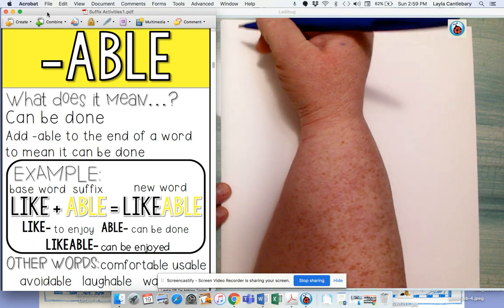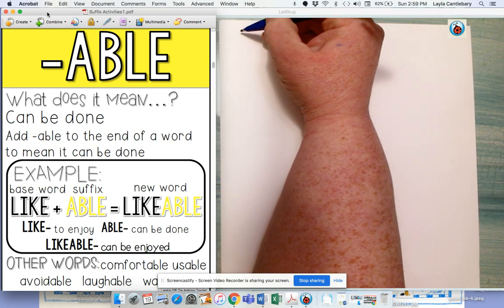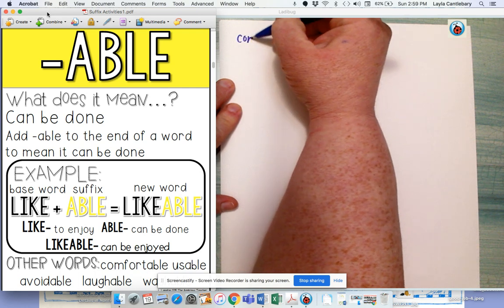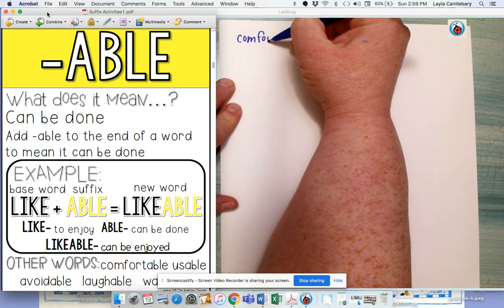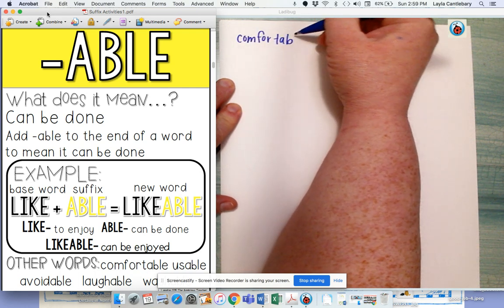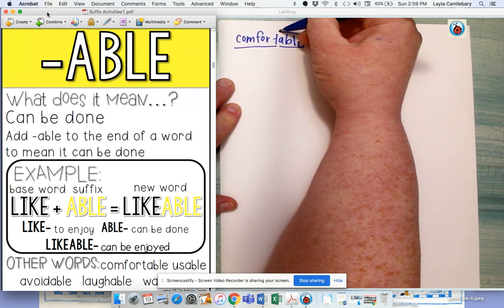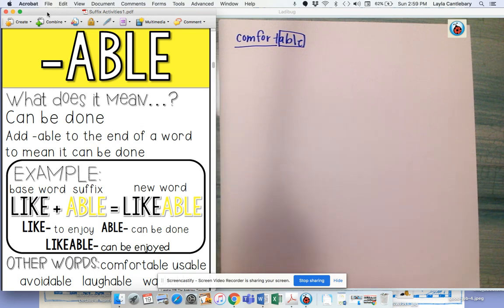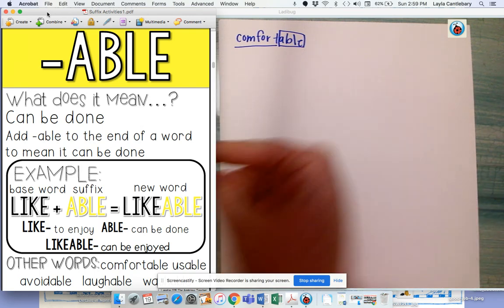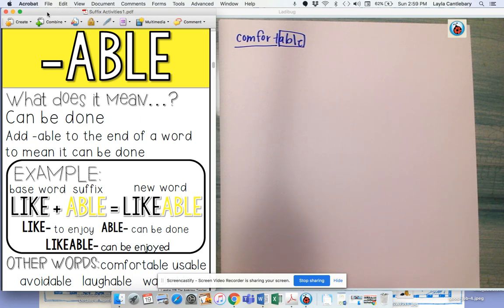So if, for example, I was explaining one of these other words down here, which is comfortable, I want to show people that I know what the able means. So when I write my definition, I'm going to use can be in my definition.